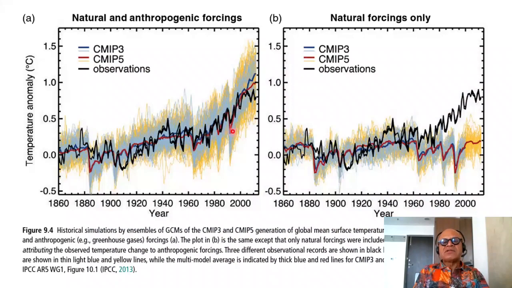So the way it is done is that you make simulations like this with all the forcings of volcanoes, aerosols, greenhouse gases, solar activity like sunspots, and so on, and make sure that the models are capable of doing that. And then you run the same models by taking out the greenhouse gases to say, if human beings were not emitting the greenhouse gases, where would we be in terms of the global mean temperature?